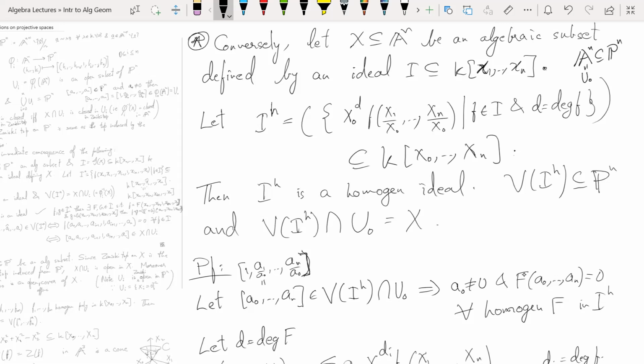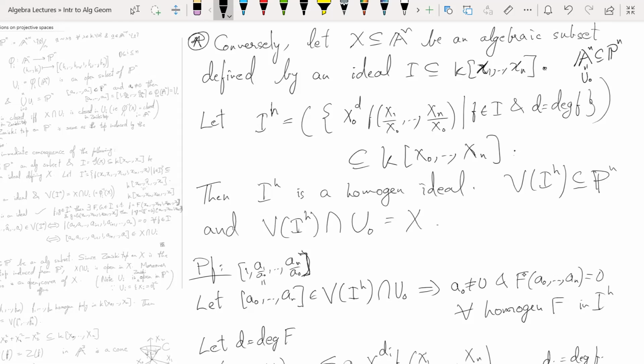And this is going to be a homogeneous polynomial, right? Is it okay that this is a homogeneous polynomial? Yes, because you just check. You multiply each of these xi's by lambda.